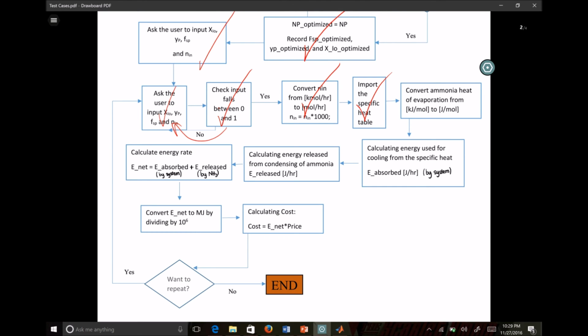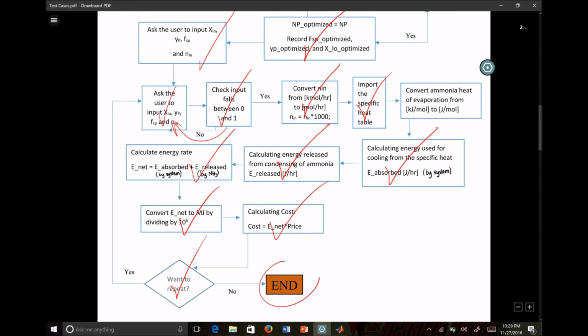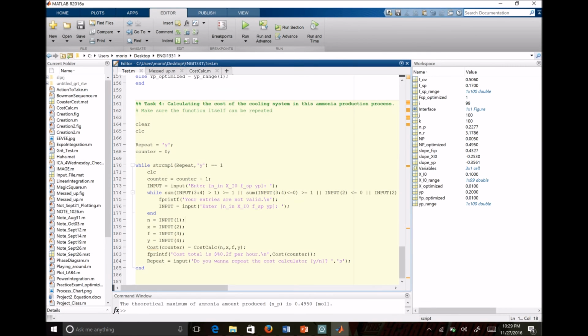So this is what you have. So you have everything, and then you can ask the user, hey, you want to repeat this? Yes, come back. If no, you're done. So I'm going to run this for you so you can see what's going on.